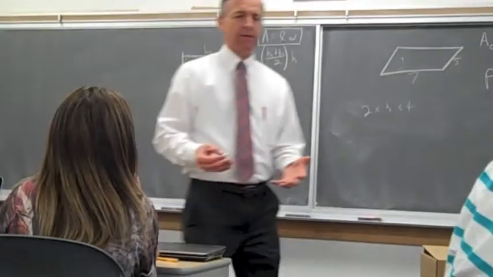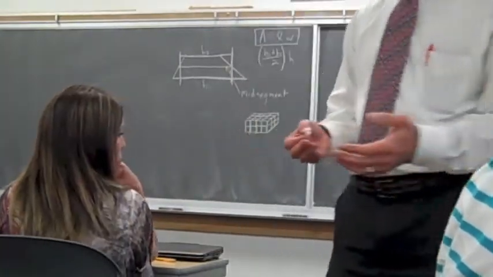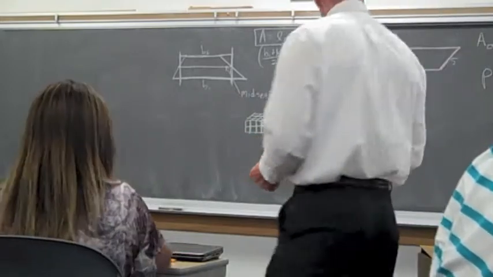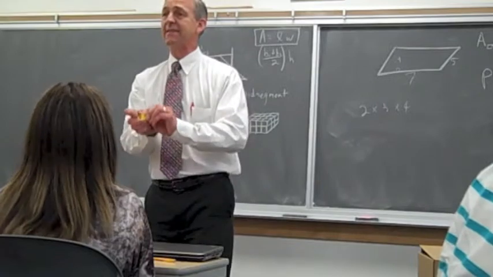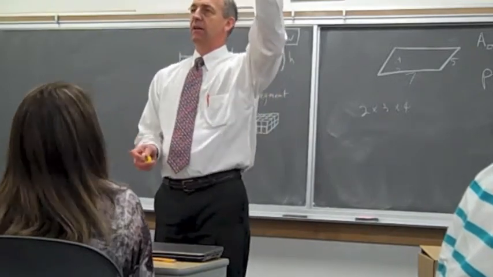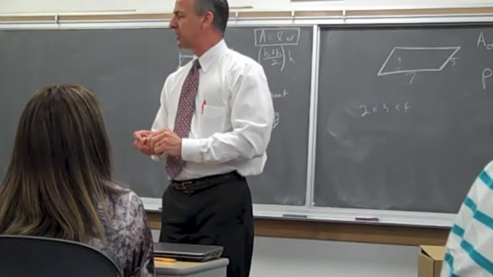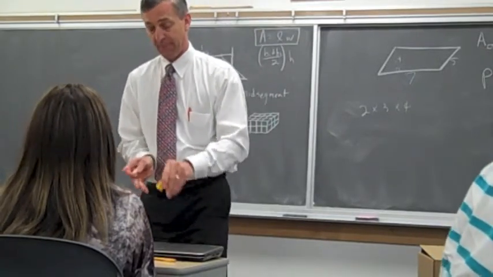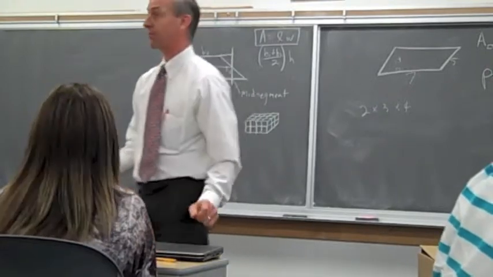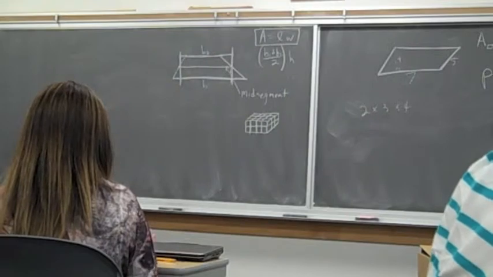How do we find the volume, first of all? If one of these little units represents 1 cubic unit, how many cubic units are in our rectangular prism? I heard something. 24?